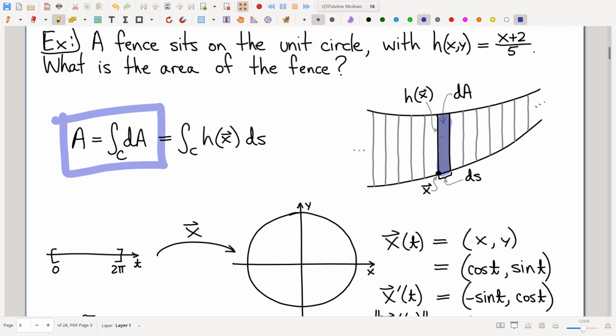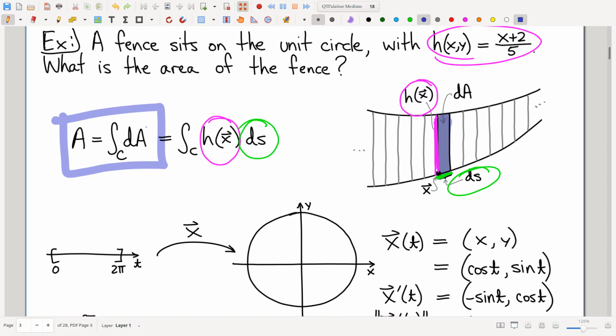Each one of those little differential pickets has an area that's pretty easy to write down: the height times the length of the base, which is, of course, ds. So no surprise, dA is h times ds, right there in the picture. Is everybody on board so far?